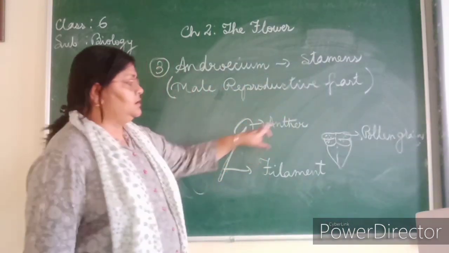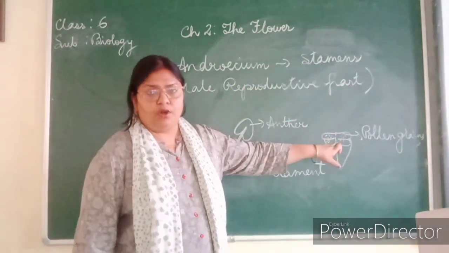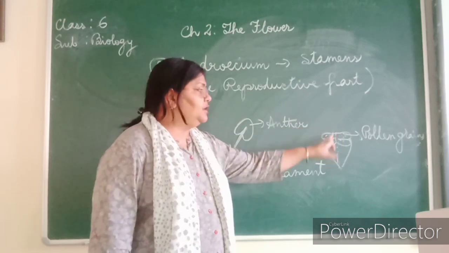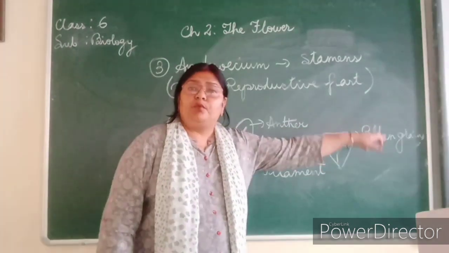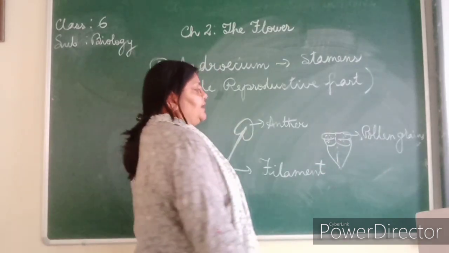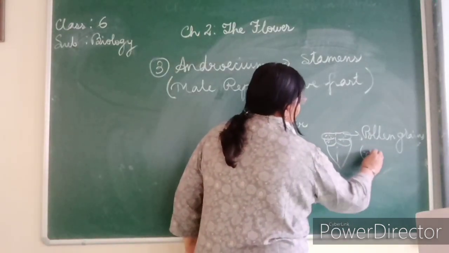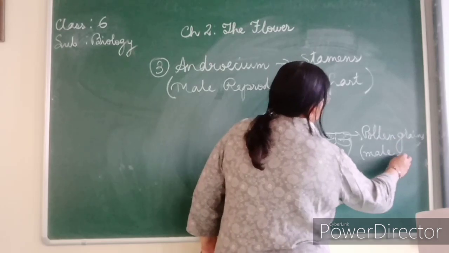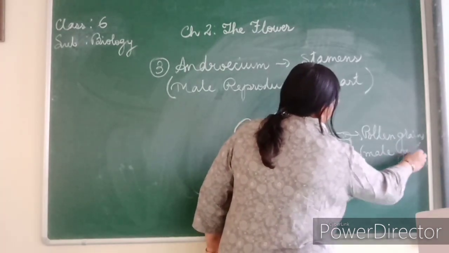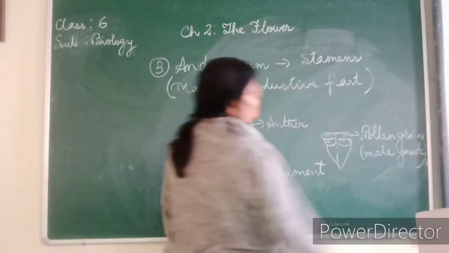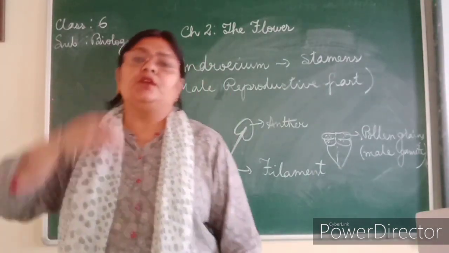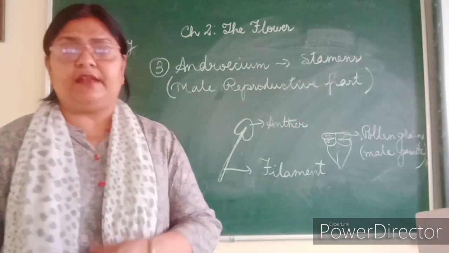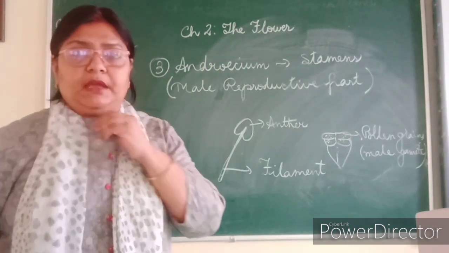So the anther has these pollen sacs. These pollen sacs have pollen grains. The pollen grains are actually the carriers of the male gametes. What are gametes? Gametes are special reproductive cells which can produce a new cell when they fuse with the female gamete.